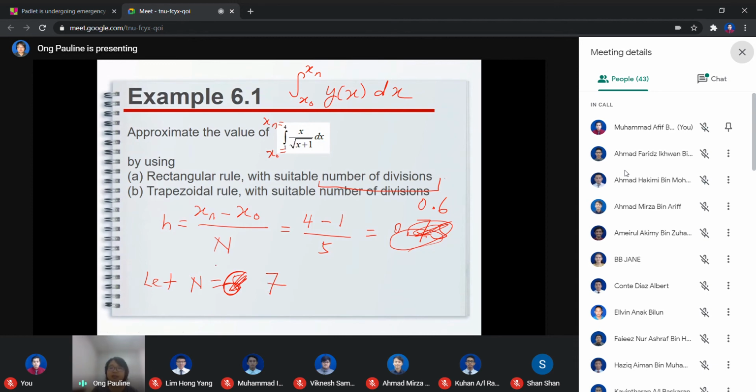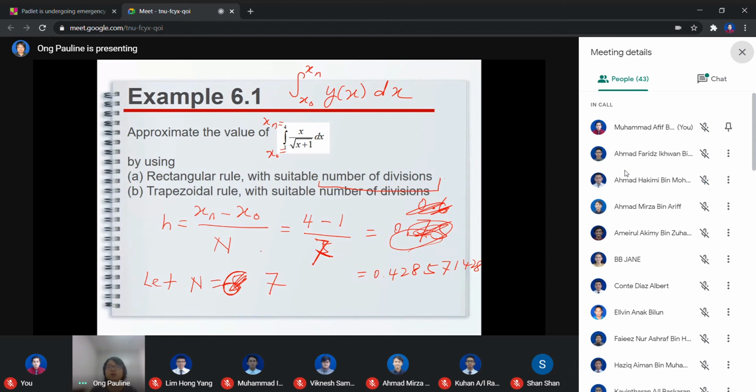Okay, if you let n to be 7, so you have 3 over 7 here, right? So if you calculate 3 over 7, you get 0.428571428 and so on, if you choose the number of divisions as 7.